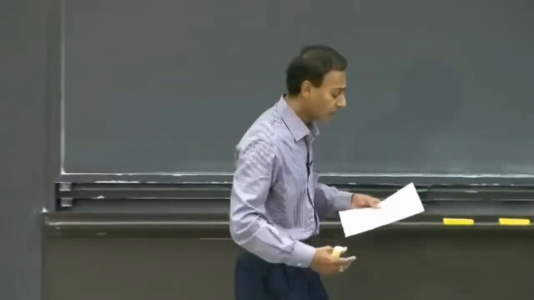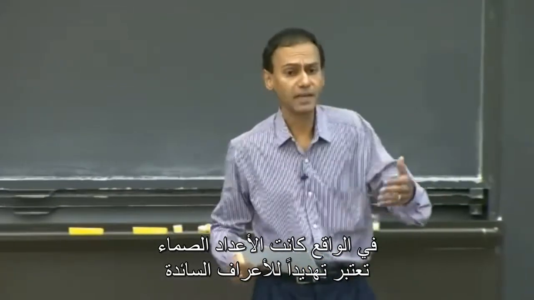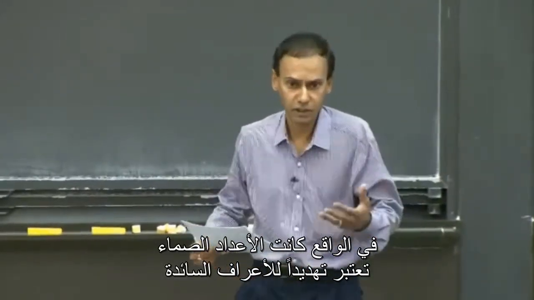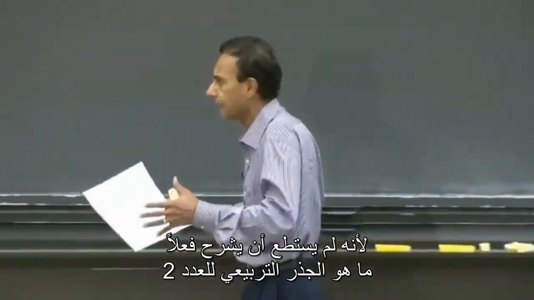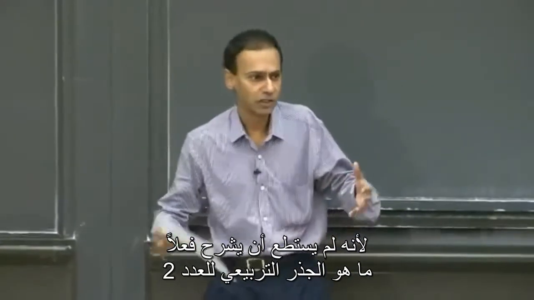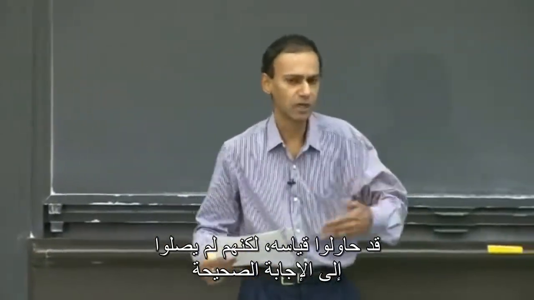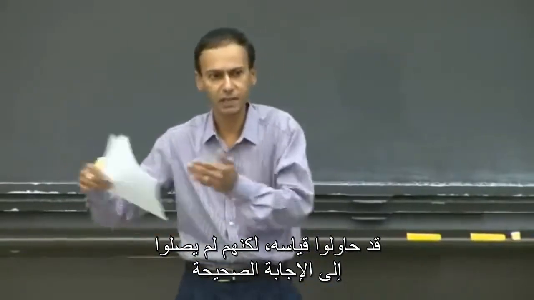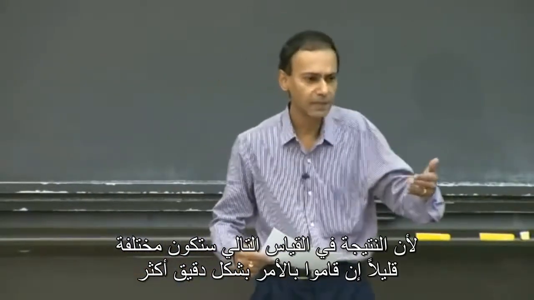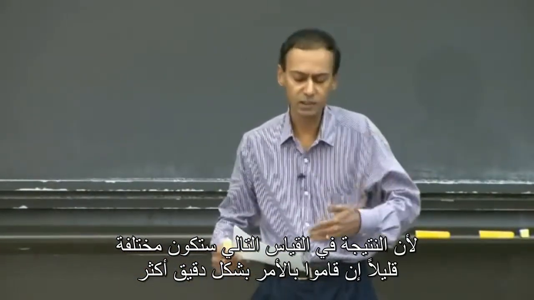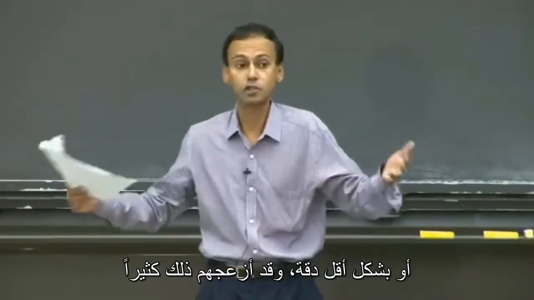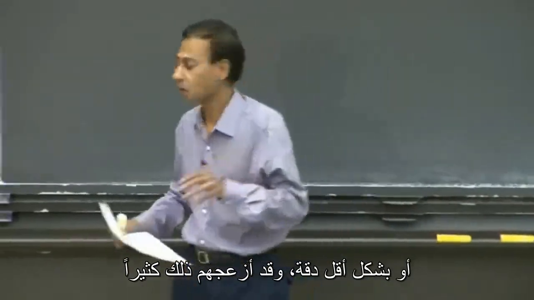Okay, and irrationals were actually considered a threat to the mystics because they couldn't really explain what square root of 2 was. They tried to measure it, and they wouldn't come up with the right answer, because the next time around, it would be a little bit different if they did things a little more precisely or not so precisely, and it bothered them no end.